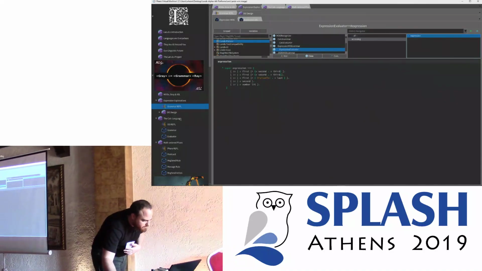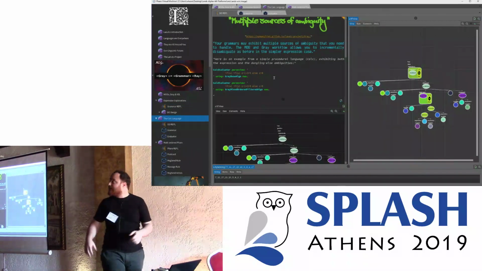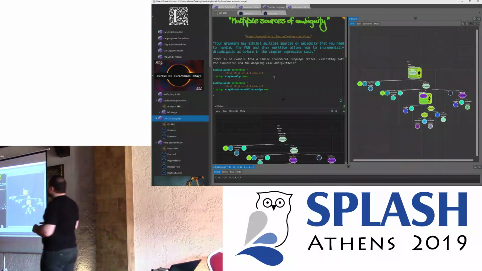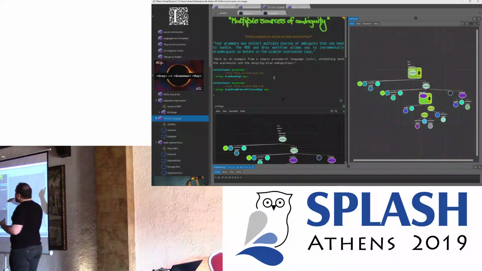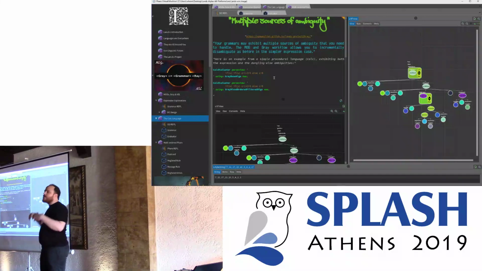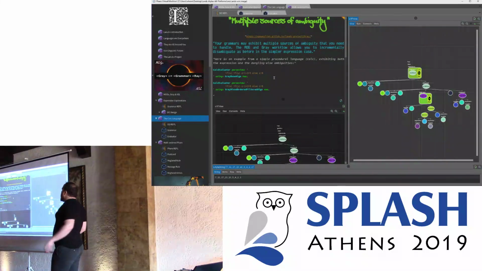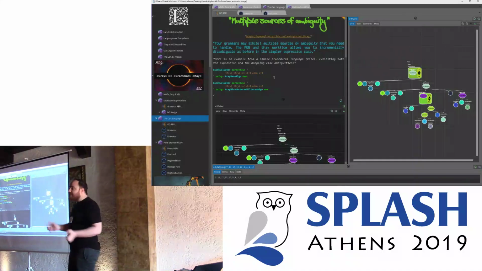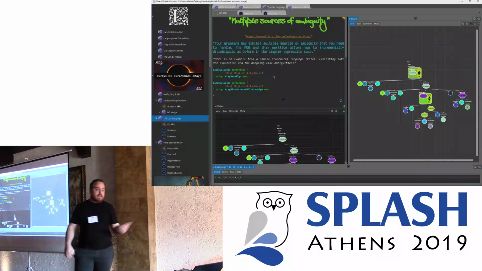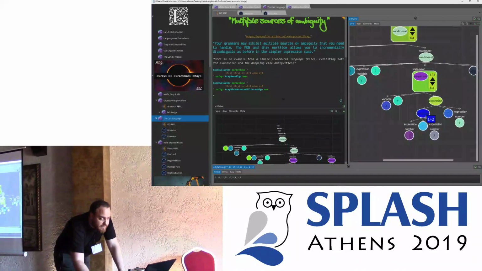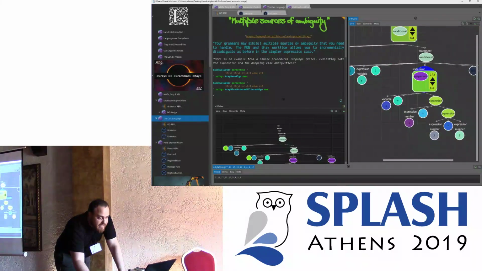Okay, but can we handle more complicated scenarios? One level of complication above is when you will have multiple ambiguities, and this is a simple calc language, imperative language that exhibits both the expression ambiguities here, and the dangling else ambiguity here.